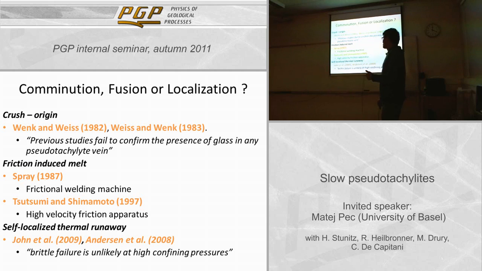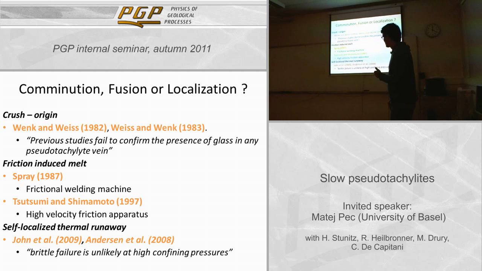This discussion was partly ended by the work of Spray, who demonstrated in a frictional welding machine that high velocity slip on a surface can produce a rock that's actually molten and that has many aspects of a typical pseudotachylite.